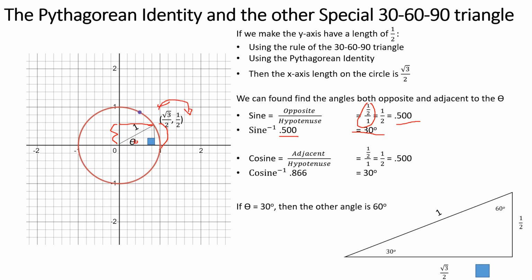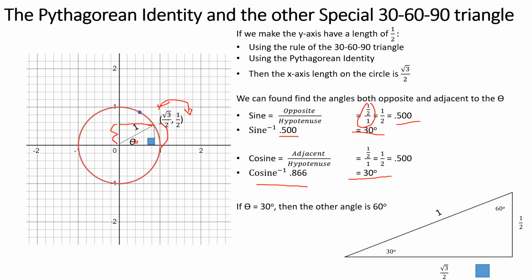And I could test this again, as I was trying to do ahead of time a moment ago. Cosine, adjacent over hypotenuse. Well, we already know adjacent is 1/2 over 1. This is 1/2 distance here. And then over 1 is 1/2. Cosine is 0.866, which is, again, 30 degrees.